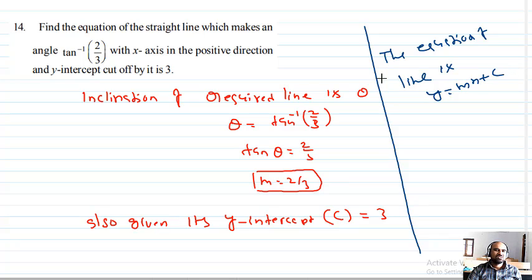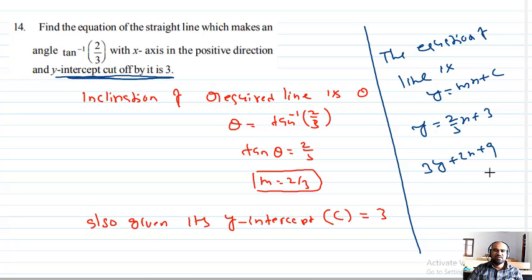Clearly, inclination given means slope is given, and the y-intercept cut off is 3. We want to use y equal to mx plus c only. So y equal to 2 by 3 x plus 3, or 3y equal to 2x plus 9, or 2x minus 3y plus 9 equal to 0 is the equation of the required straight line.